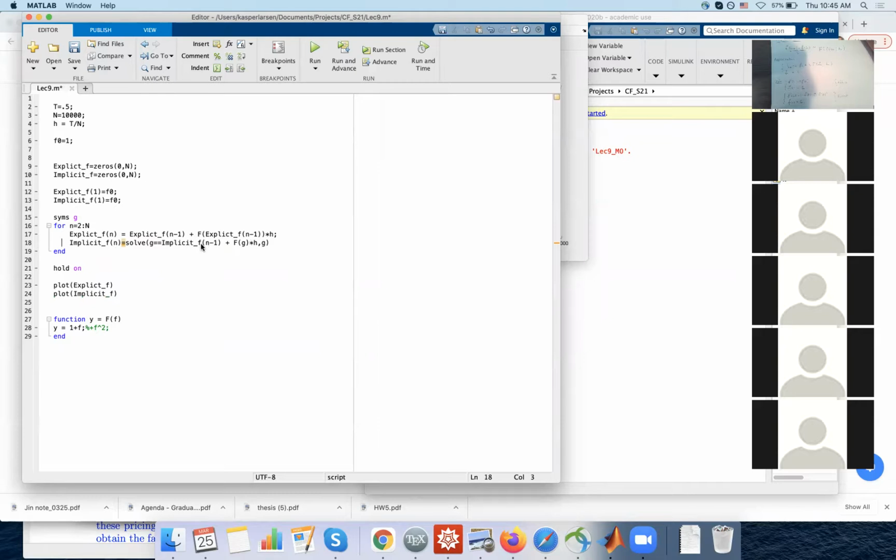So I'm given the previous one plus f, but now the g that I have in here is the thing that also has to appear on the left-hand side. So I've got to be able to solve this equation. And if I can, this is going to give me my approximation at the next time step. So I'm going to plot both the explicit and the implicit one, my time horizon, let me turn it back up to say 10 years.